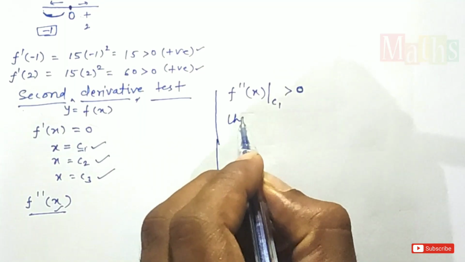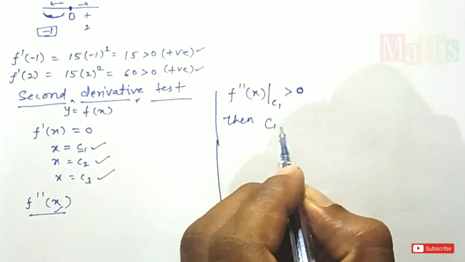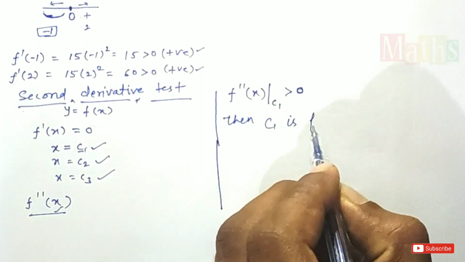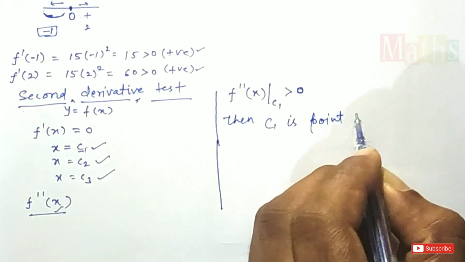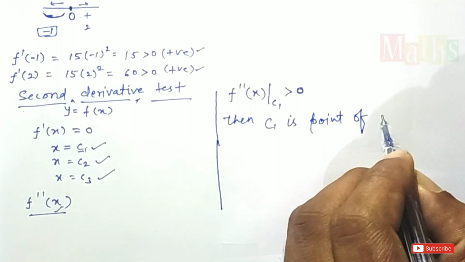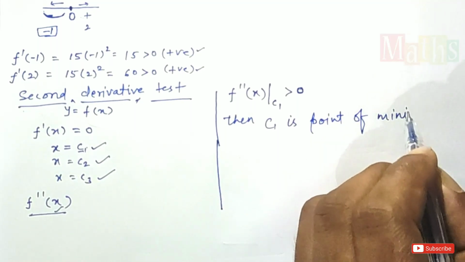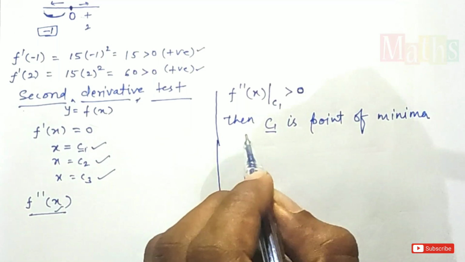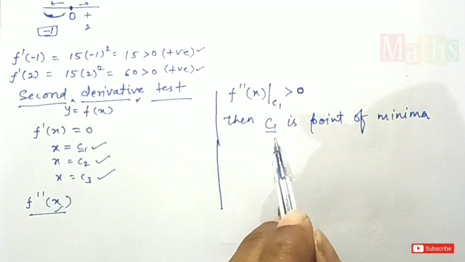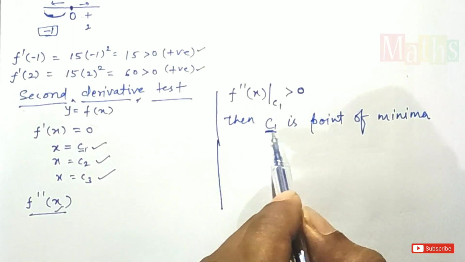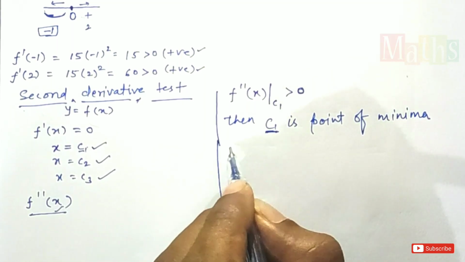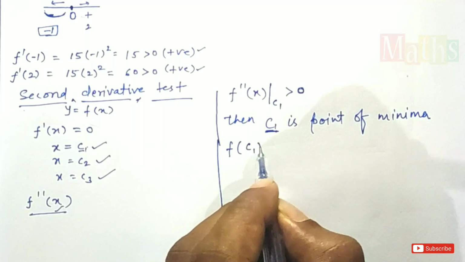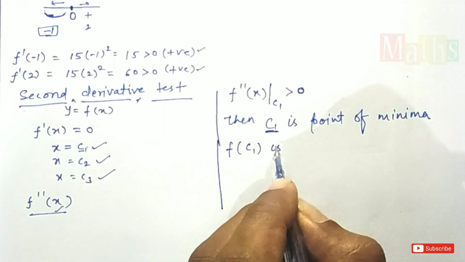Then c1 is a point of minima, and the value of the function at c1 is the minimum value.